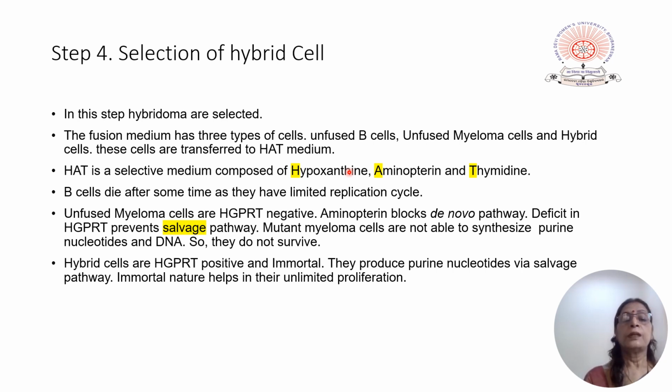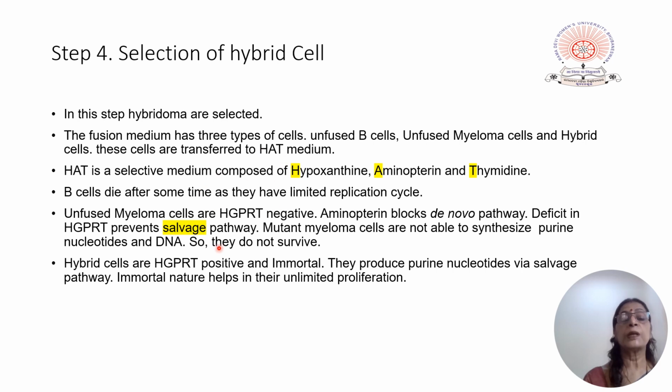But the B cells, which are HGPRT positive, do not have the power to survive long term. They do not have immortality. After some time, the B cells will die because they cannot divide permanently. They are not immortal.